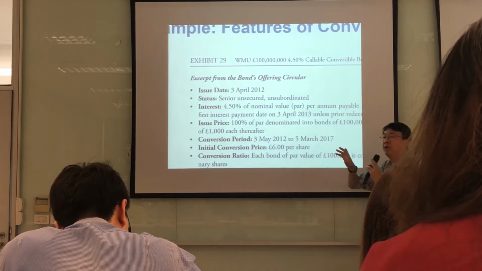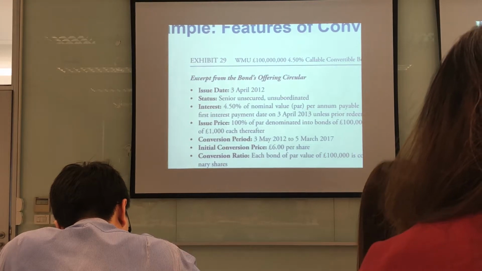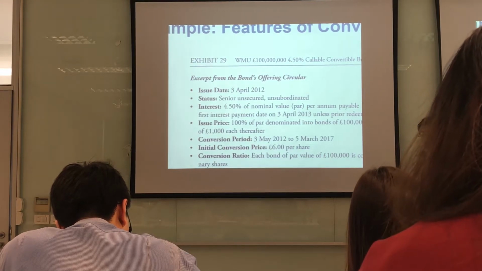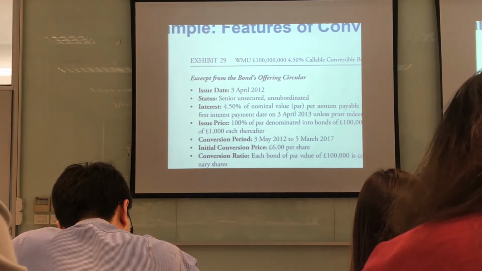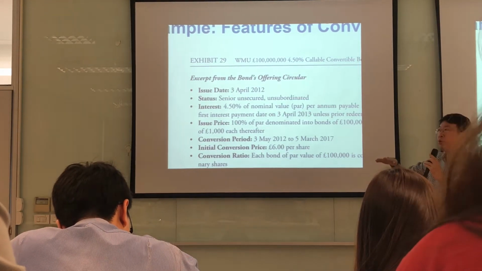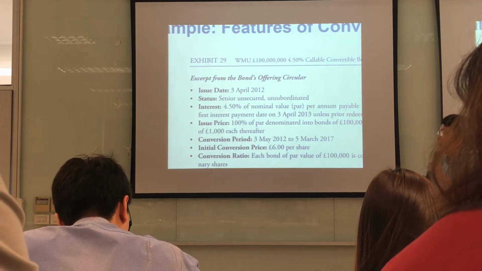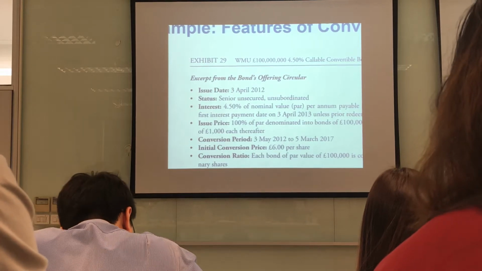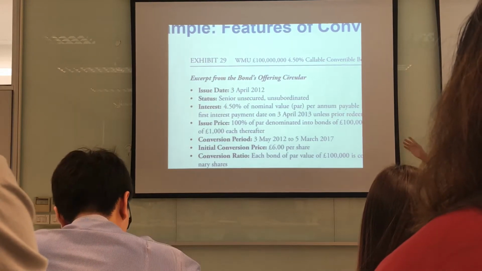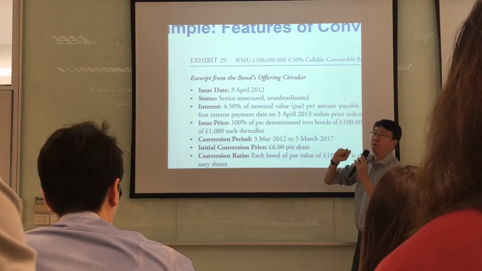Everyone has the same priority. For unsecured lenders, they share the same assets and have the same priority to receive the cash flow in case of bankruptcy. In case of bankruptcy, we then have to look at the details of who gets priority to receive the cash flow first.